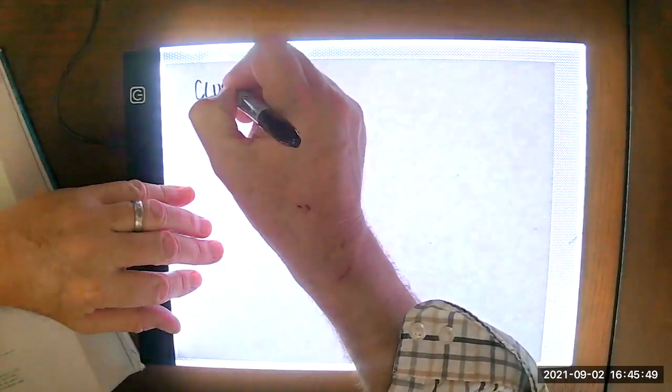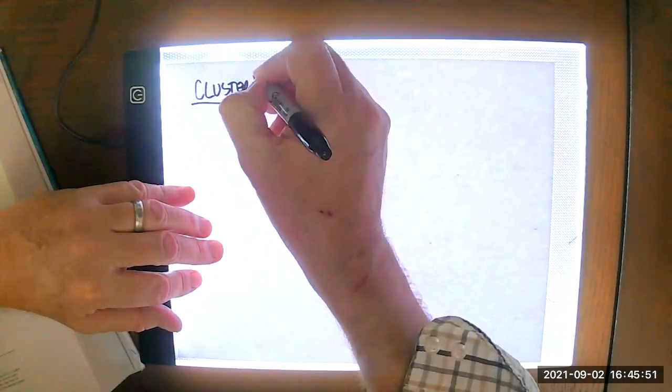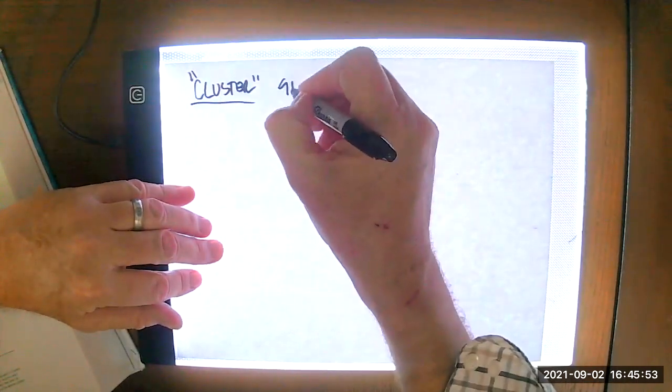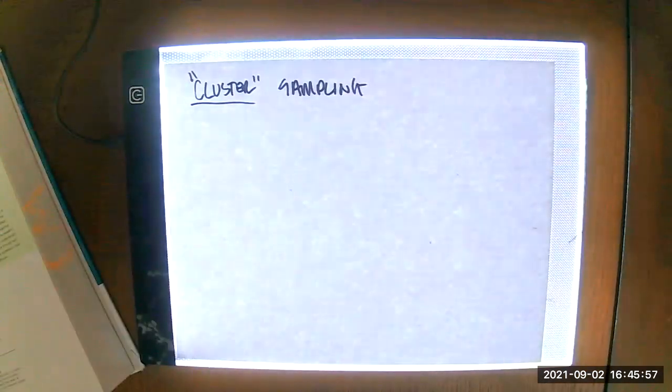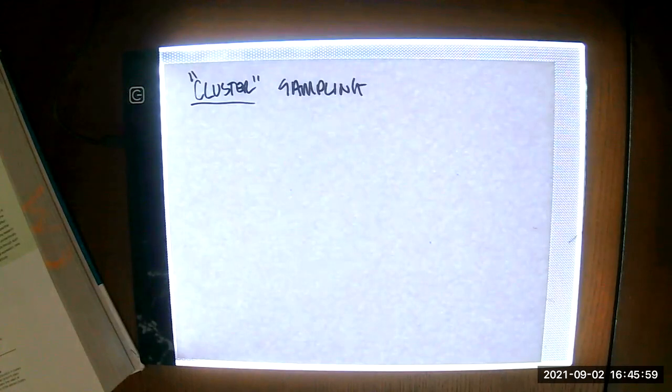Is what we call cluster sampling. This is truly, I think, the wordiest, maybe even wordier than the simple random sample definition. But cluster sampling means that we partition a population into clusters or groups.